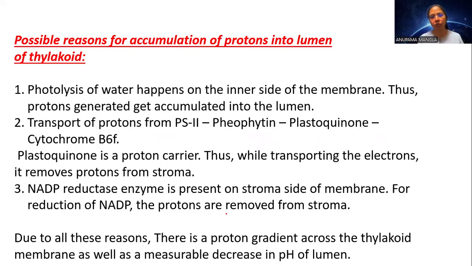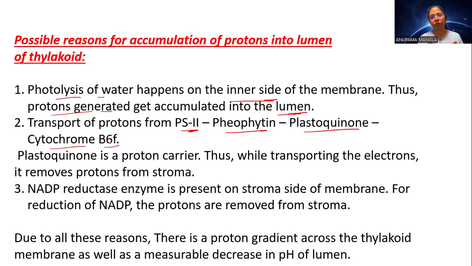Now let us summarize all the points. The first point is the photolysis of water happening on the inner side of the membrane. As I said, photosystem 2 is located towards the inner side, so that's why it will happen on the inner side. Whatever protons get generated are going to accumulate in the lumen. Second point, the transport of electrons from photosystem 2 towards pheophytin and then to plastoquinone and to cytochrome B6F and further.